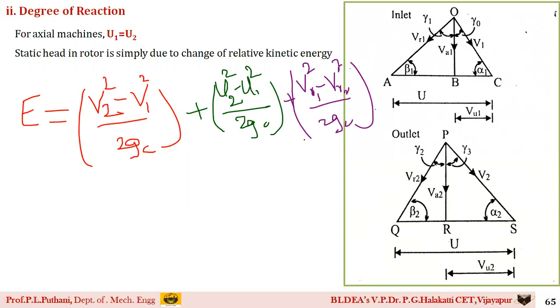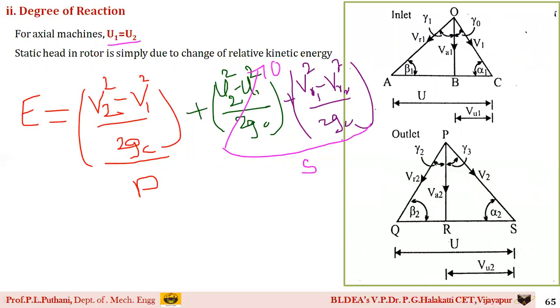Out of these three components, the first is the dynamic component, and the remaining two are the static components. For axial flow machines, we have said that U1 is equal to U2, which means the second term becomes 0.